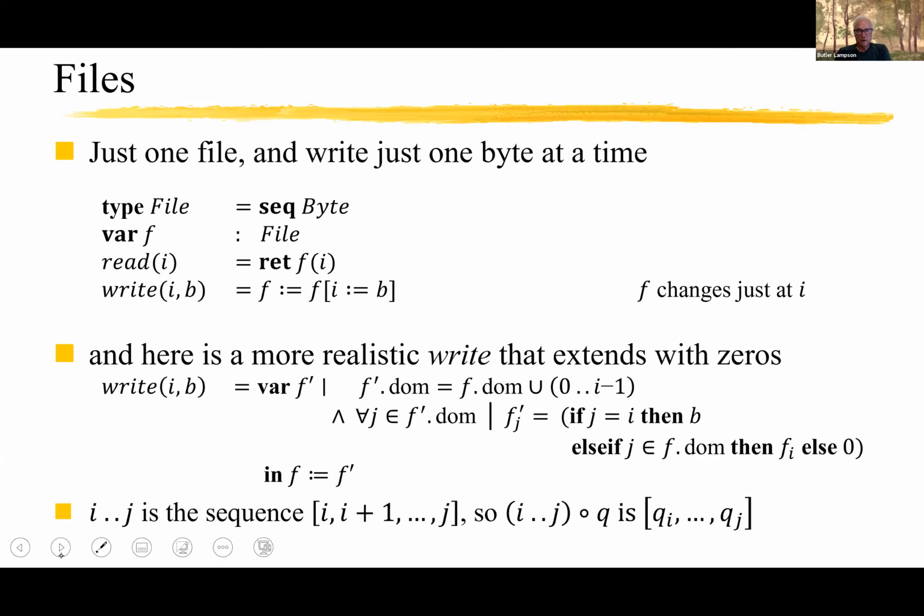Of course, you know that if you do a write in a Unix file, it's not quite that simple because the write might extend the file. So here's a somewhat trickier spec, which you might find a bit confusing.